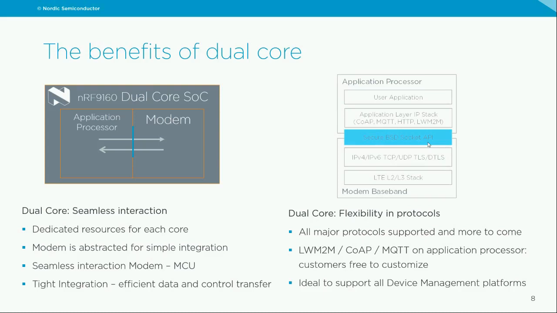You have sockets to control GPS, for firmware updates, and a lot of generic sockets that can be used for raw sockets on IP level, APN configurations, and so on. So that's really a powerful way for you to control the modem from the application in a very standardized interface.